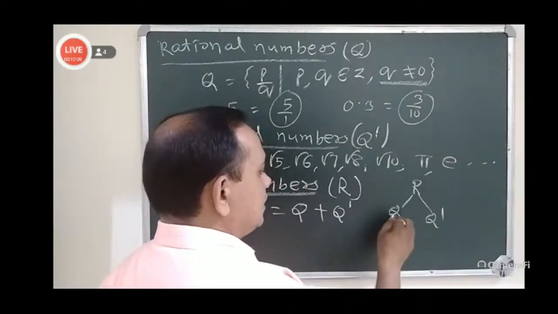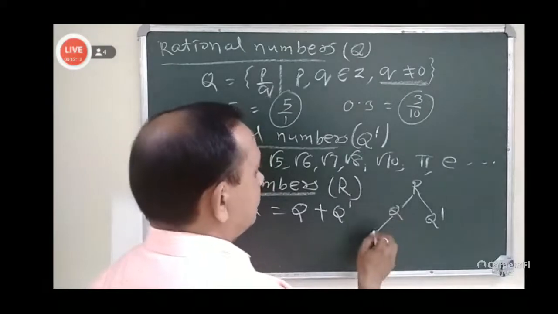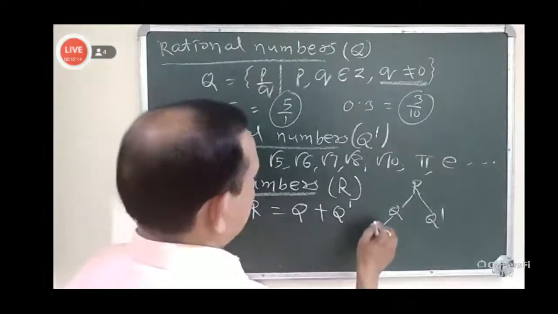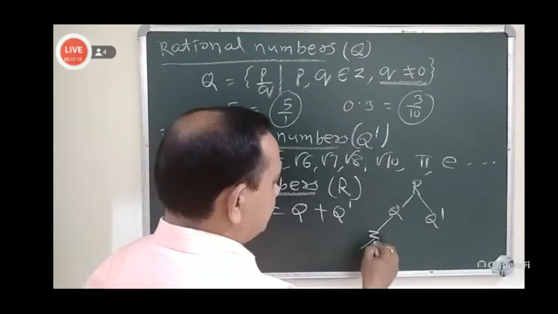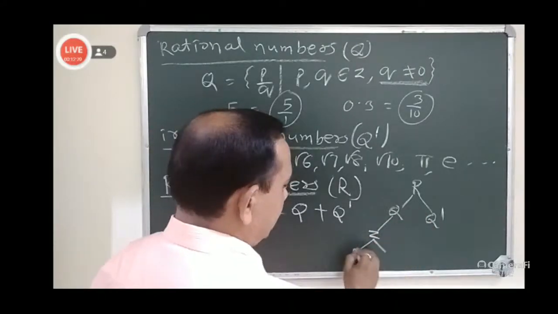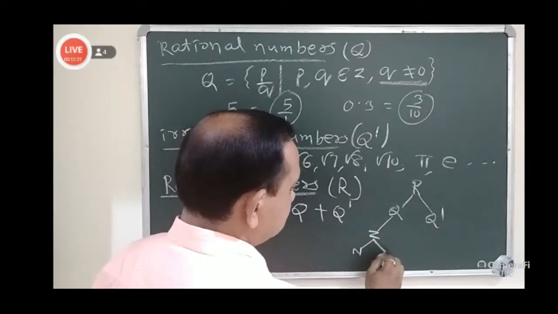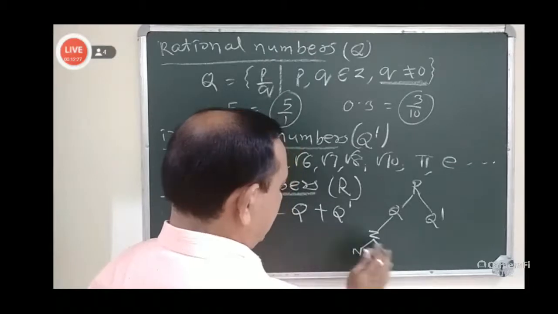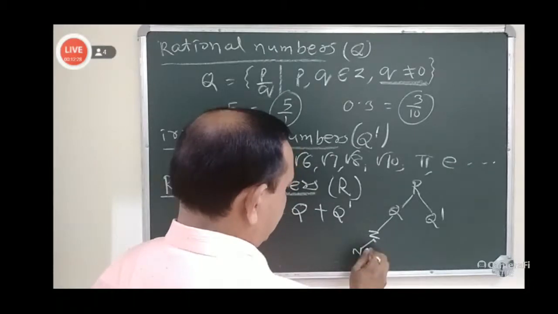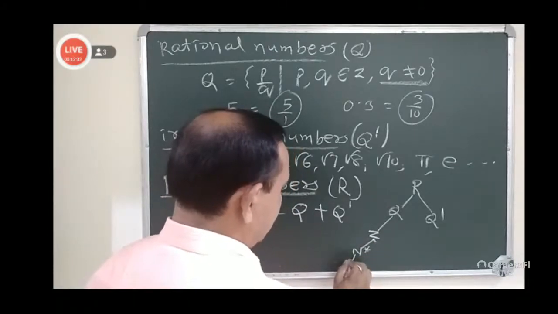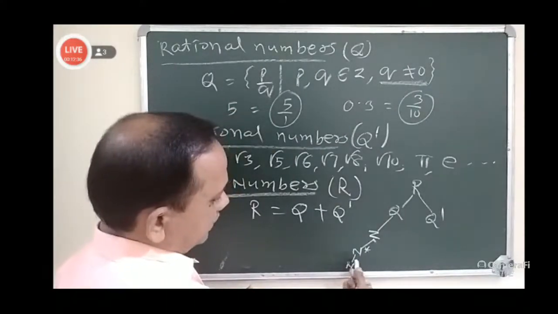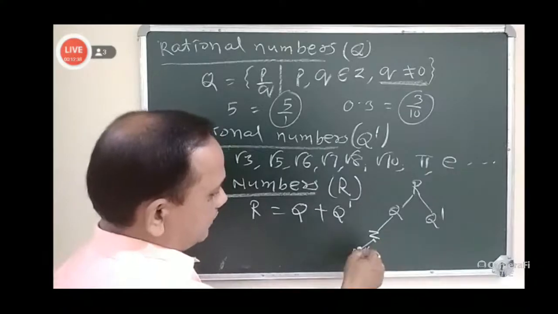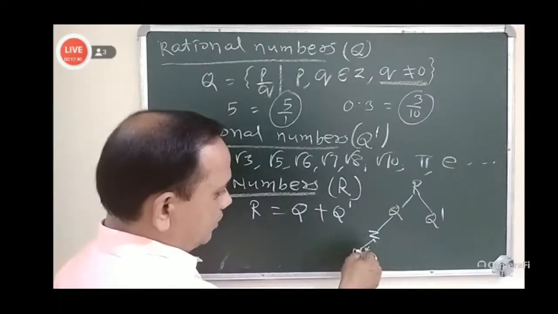Irrational numbers are separate. Rational numbers consist of integers, Z consists of N, positive integers and negative integers. And N consists of natural numbers, all present in the whole numbers.